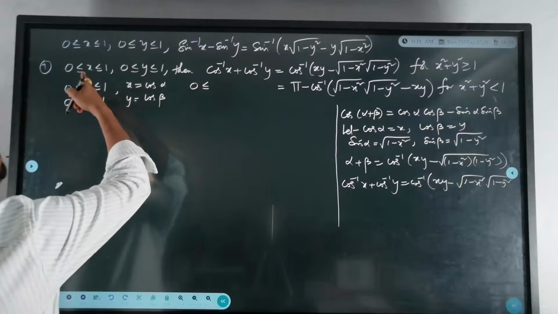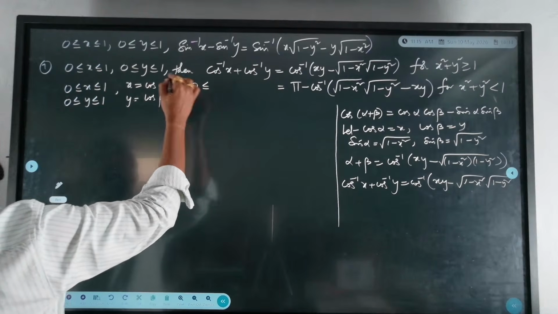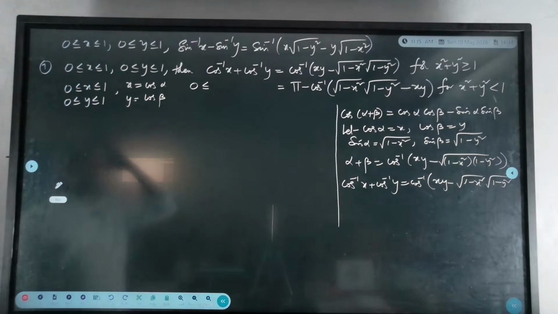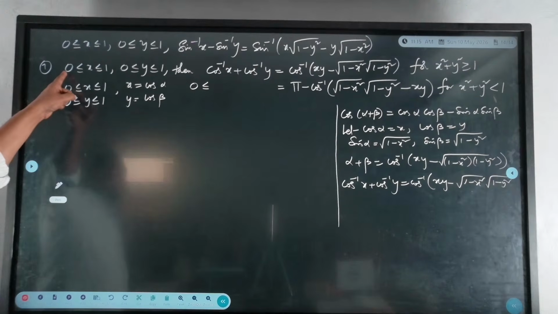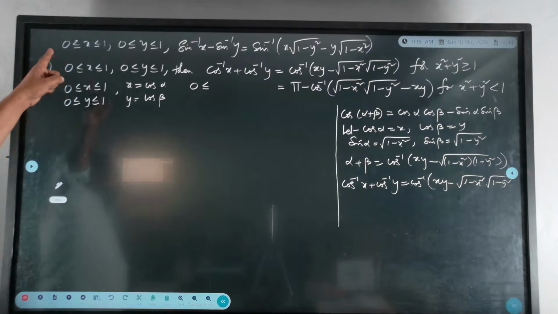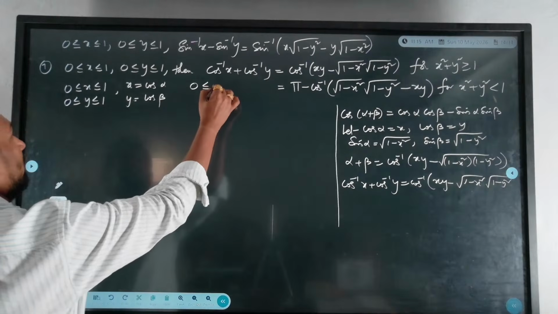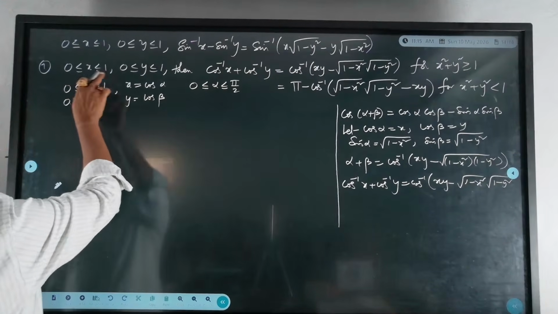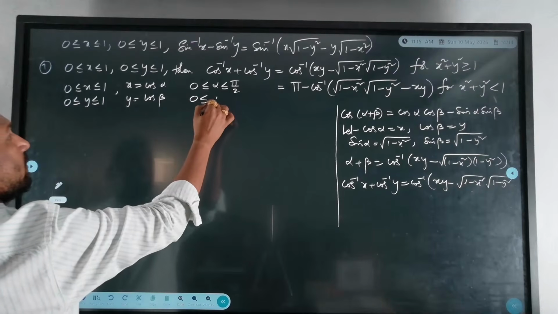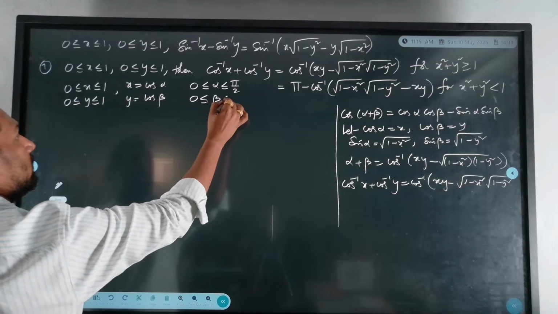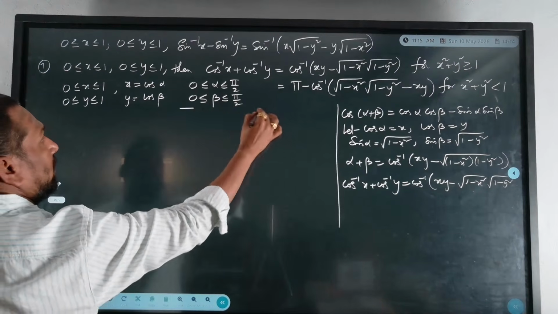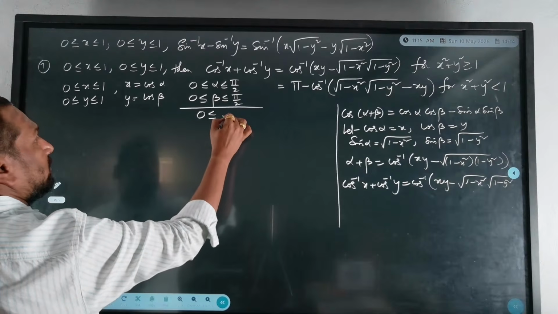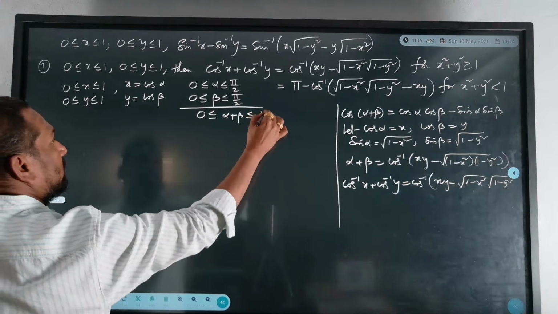Observe here, normally it is 0 to pi, but here there is no minus, so it is 0 to pi by 2 only, because from pi by 2 to pi cos is negative, but here it is positive. While adding these two, 0 is less than or equal to alpha plus beta less than or equal to pi.